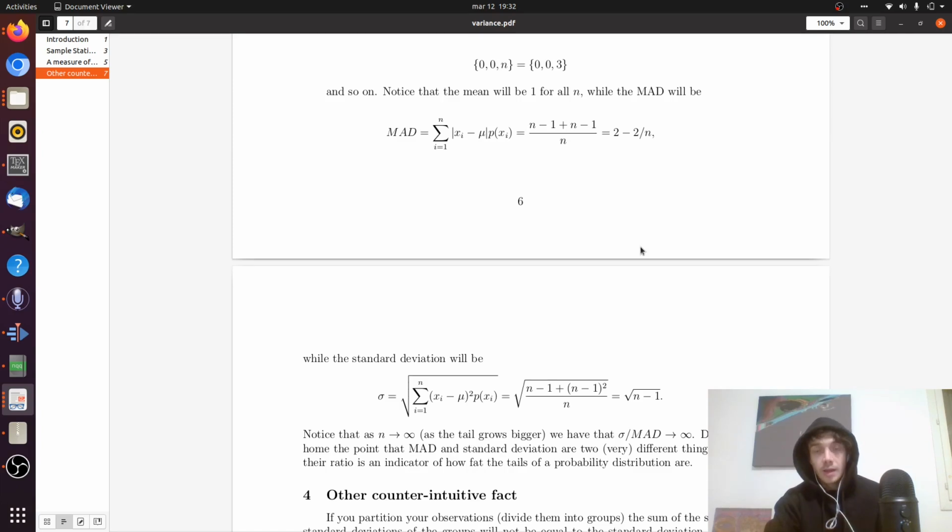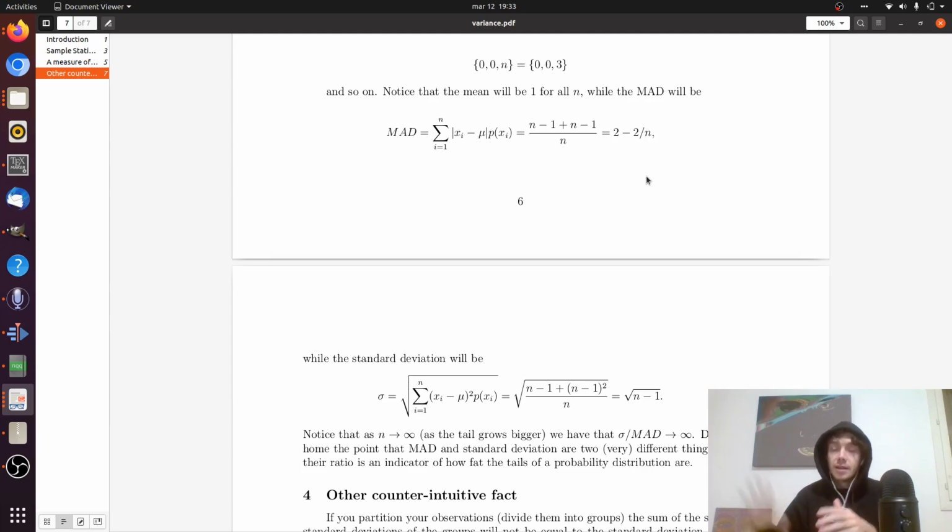Now, we can notice that as n increases, so for example, Professor Taleb takes n equal to 1,000,000, the standard deviation is going to explode. It's going to become really large, while the mean absolute deviation is just going to tend towards 2, because this quantity is going to become very small, and this is going to remain the same.